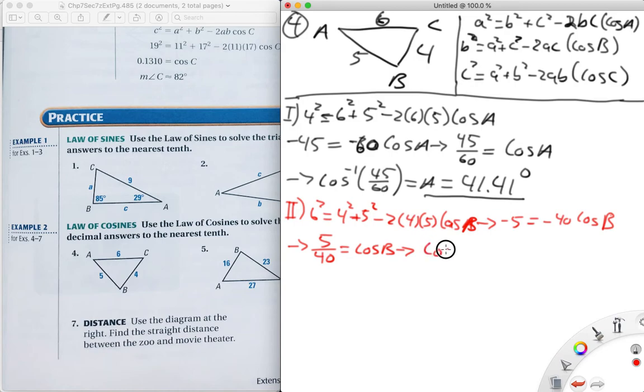So inverse cosine of 5 over 40 equals angle B. And I get 82.83.